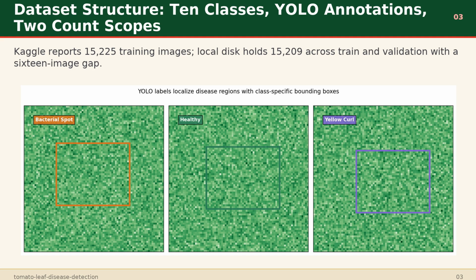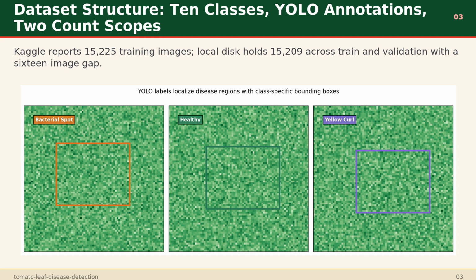The local file system, after download and verification, contains 15,209 total images split as 12,100 and the remainder, a gap of 16 images documented rather than rounded away. The most plausible explanation is a download sync artifact, not annotation corruption, and resolving the gap is the first step listed.